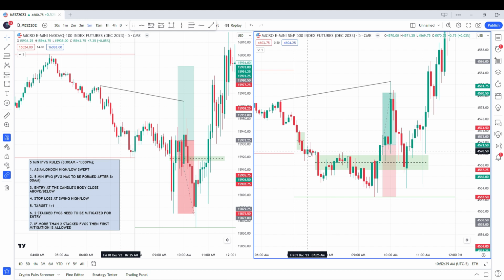I will wait until both get inverted. So if this was right here, I would wait till both get inverted. Now, if there is more than two, for example, this one, 2, and 3 stacked fair value gaps, I will actually take the first fair value gap that gets inverted.